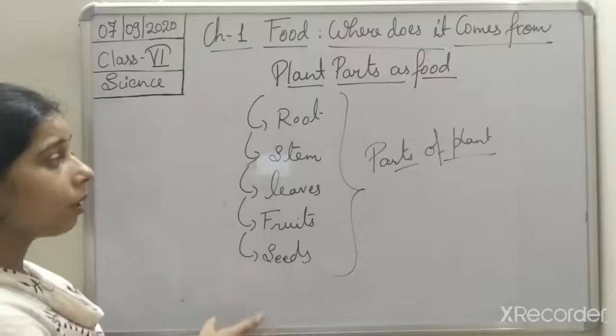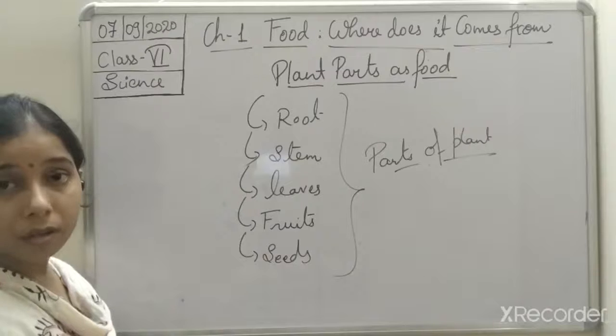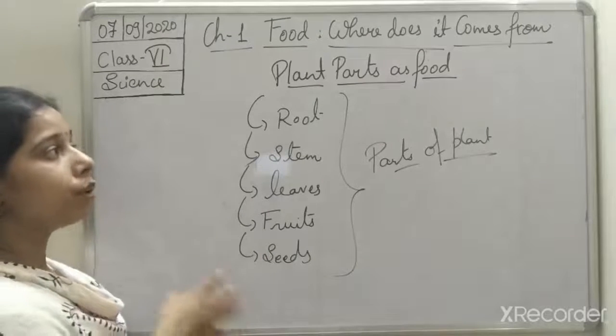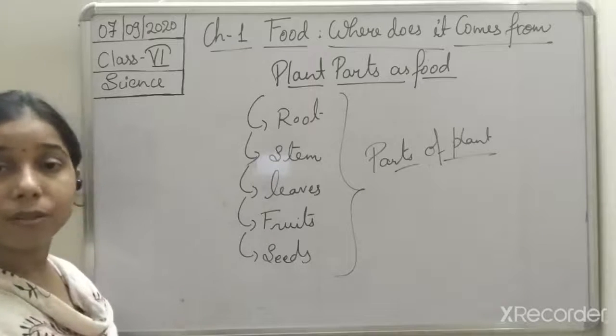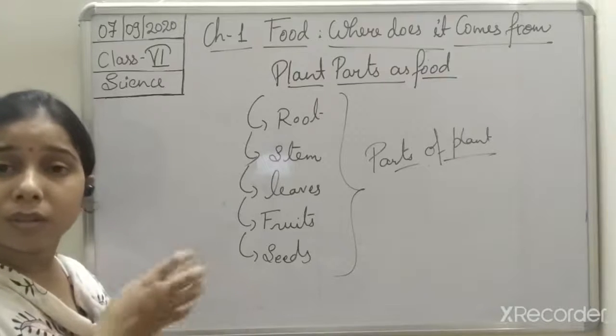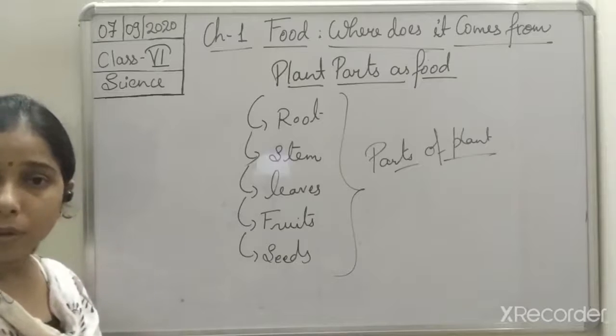So these are the different parts of the plant, and these different parts we use as food, which we are going to study in this topic. Plant part as food. So the different parts of the plant which we consume, which we use as food. Okay.